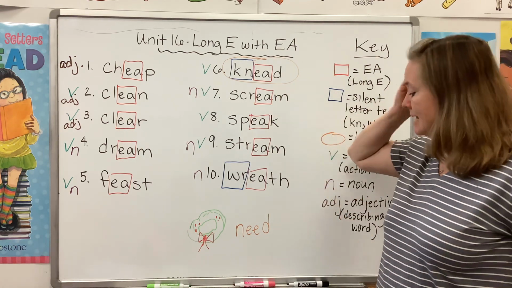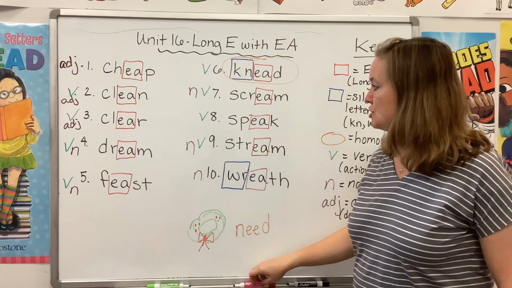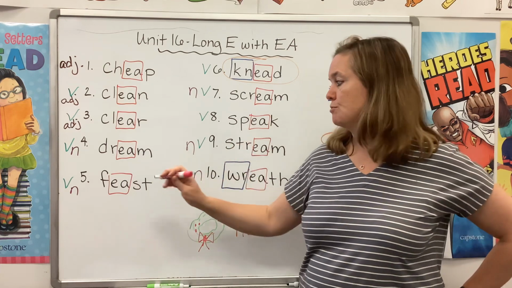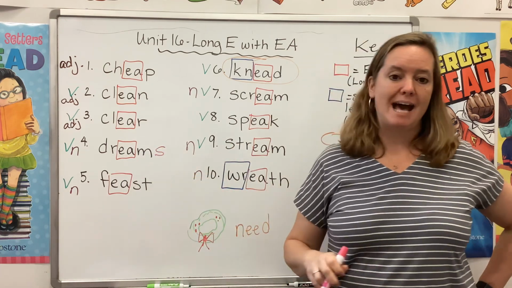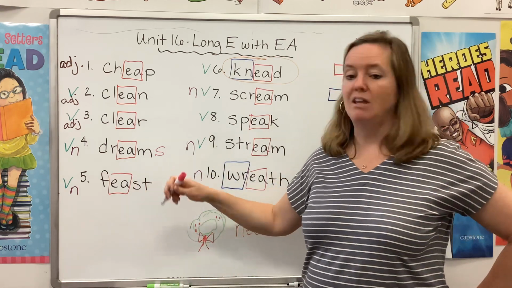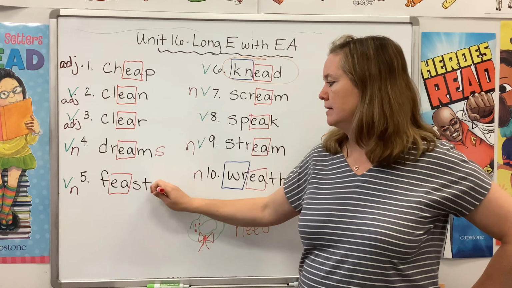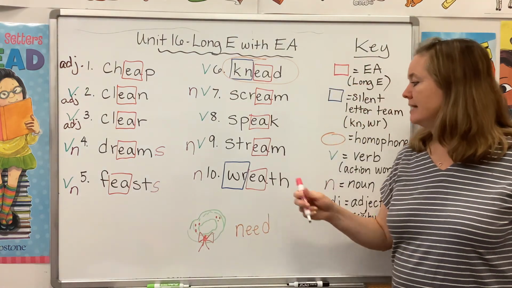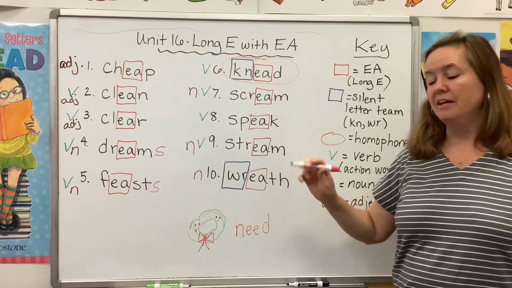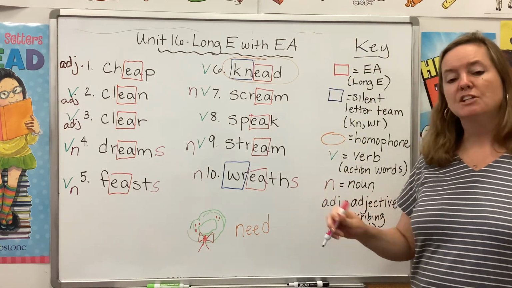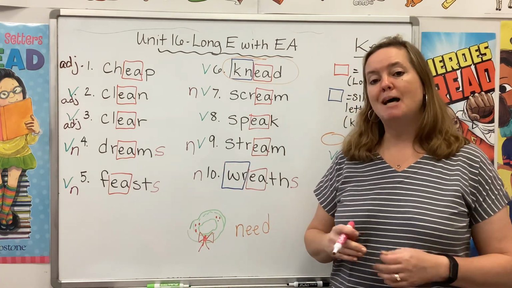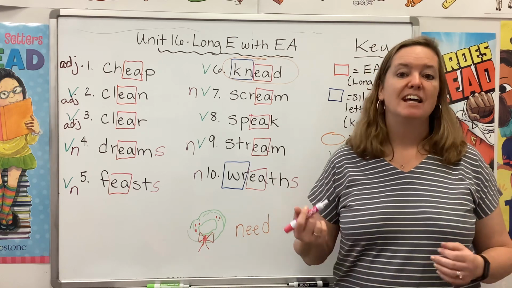So if I look at my nouns here, I could change dream to dreams, like I have lots of dreams, by adding S. I can change feast to feasts. We have lots of feasts at my house, by adding S. I can change wreath to wreaths, like I hung up 3 wreaths, by adding an S. So that's the most common way to make a plural, but sometimes just an S doesn't sound right.